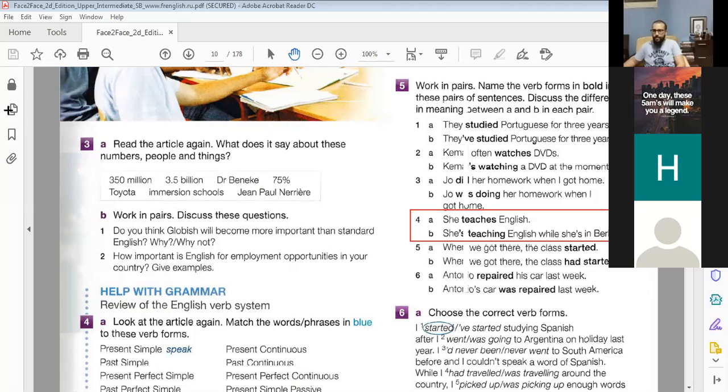The first one is present simple. She teaches. The second one, she is teaching English.